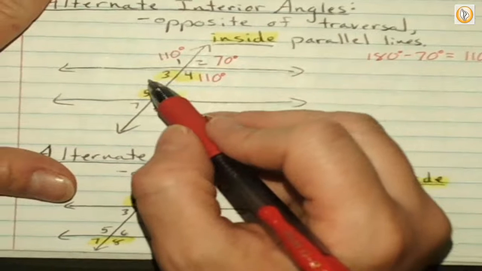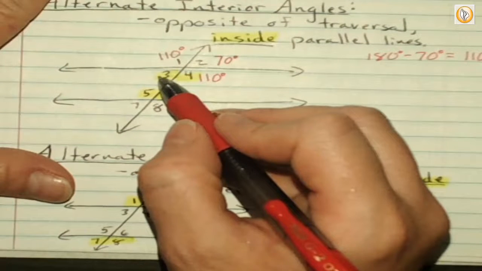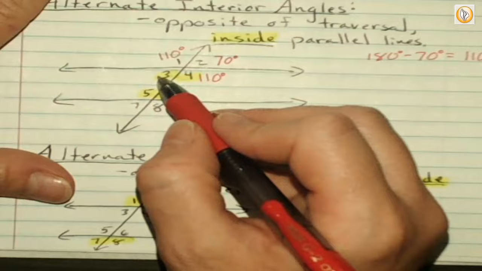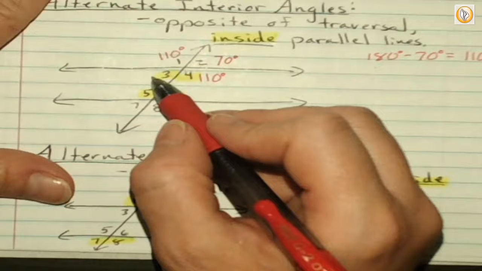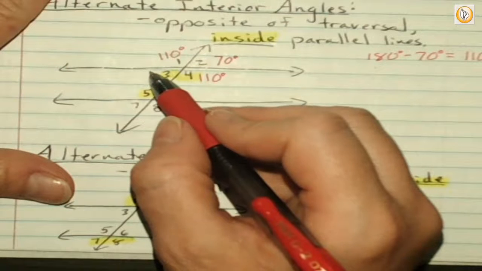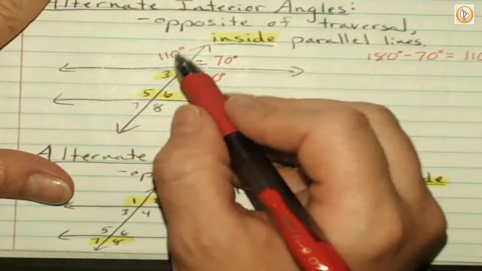So what would angle 3 be, Cecilia? Also a straight line. A straight line, 3 and what number? Okay, so 3 and 1 form a straight line.